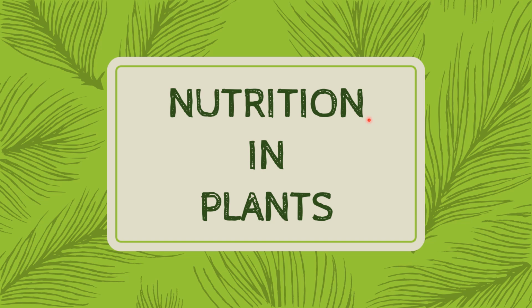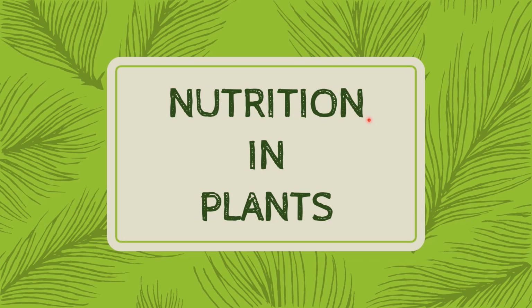And heterotrophic nutrition means other animals or organisms depend on plants for food. That kind of nutrition is called heterotrophic nutrition, and such organisms are called heterotrophs. And we come to nutrition in plants.